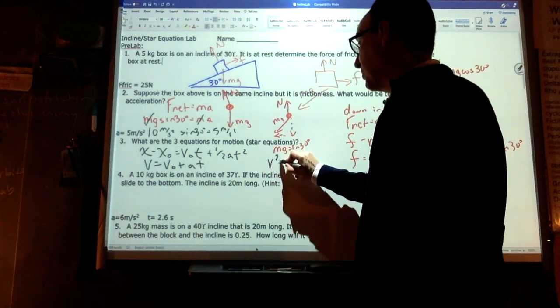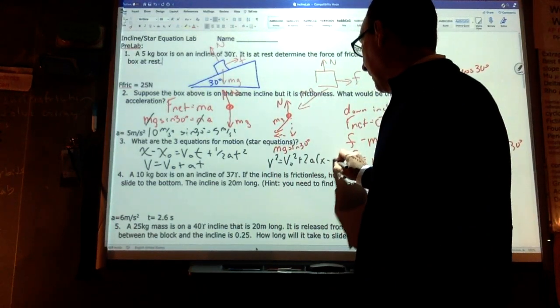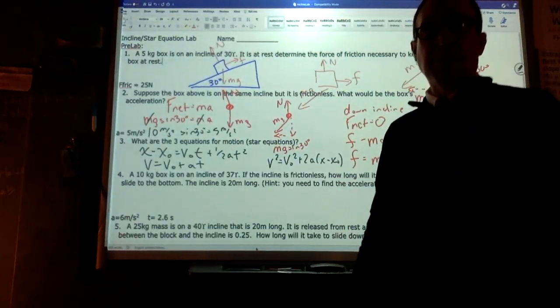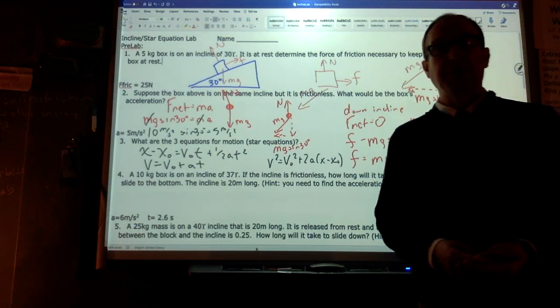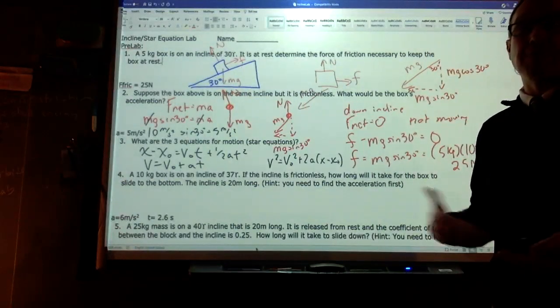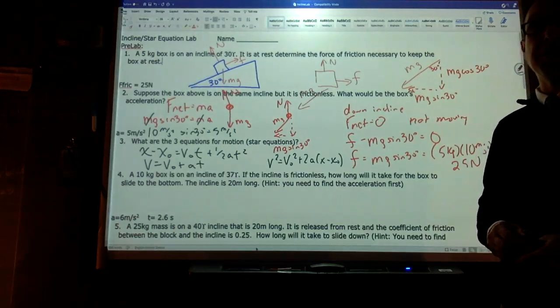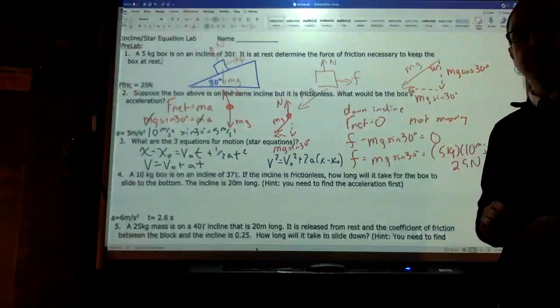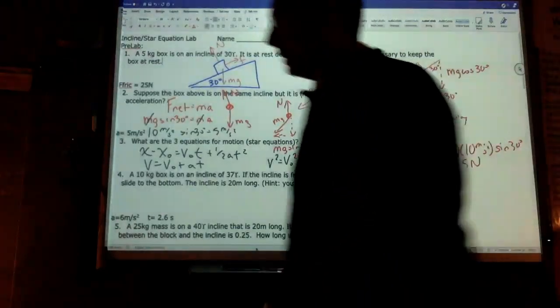And it's v squared equals v naught squared plus 2a times x minus x naught. So in any case where we have constant acceleration, we can use these equations. And so a frictionless incline would be a case of this, just like the Atwood machine, because the acceleration is constant. All right, I'm going to clear the ink and scroll this up.